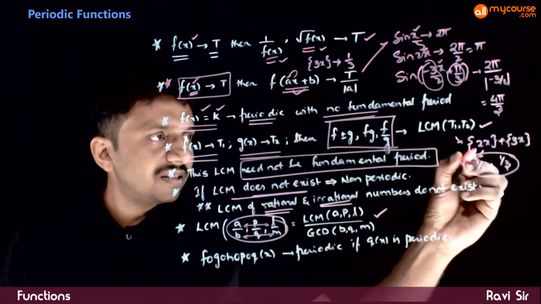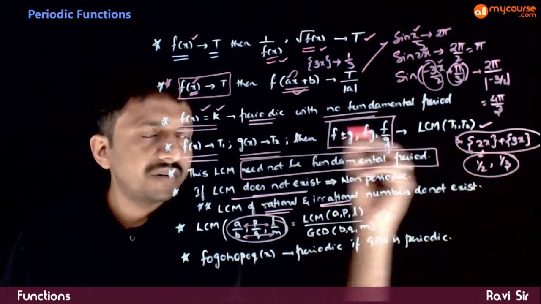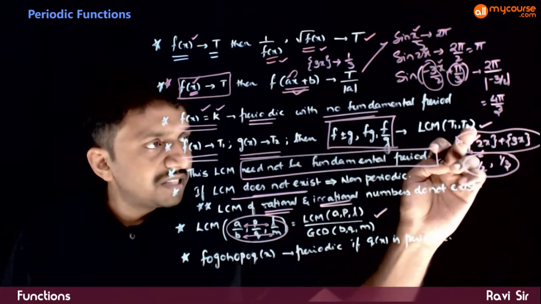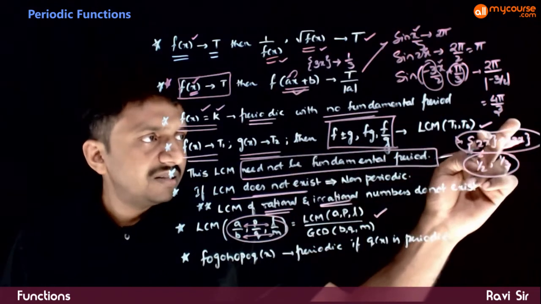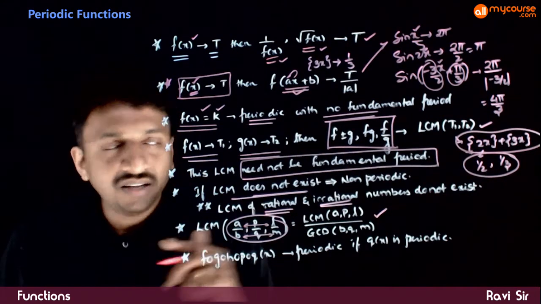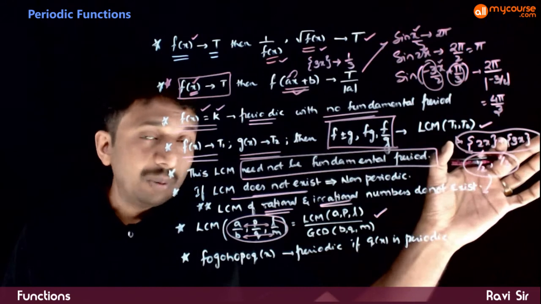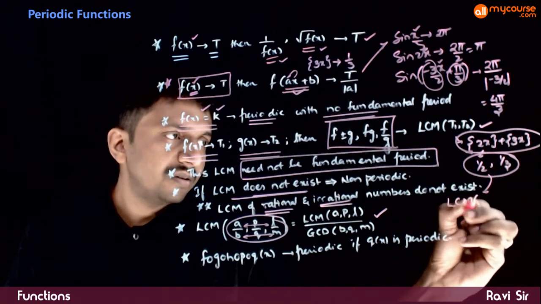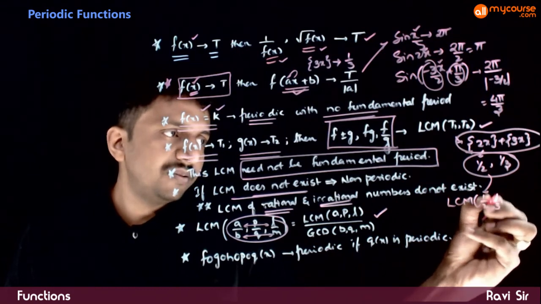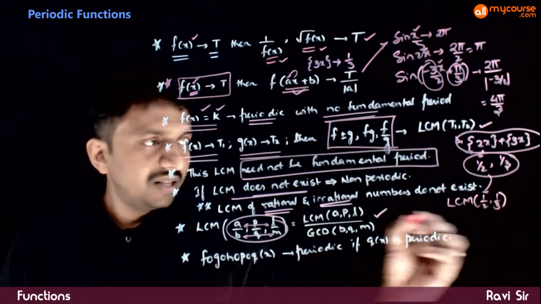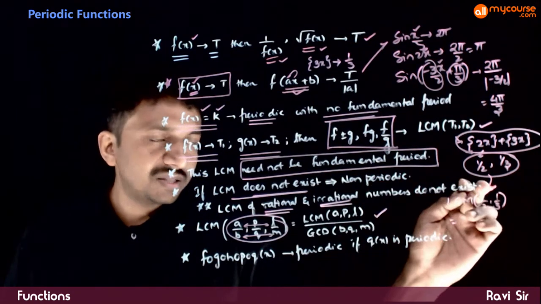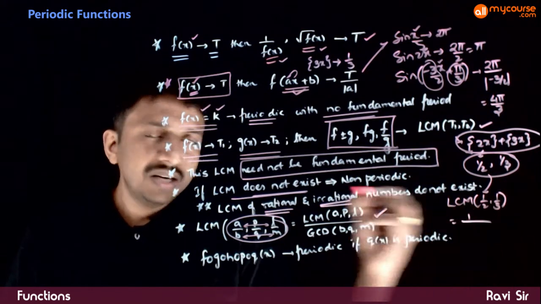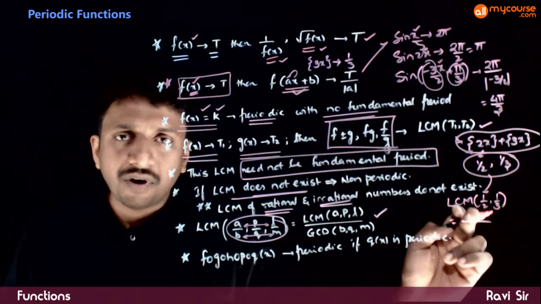So what is the period of this function? The first function has a period half, the second function has a period 1 by 3. So the period of this function is LCM of 1 by 2 and 1 by 3. That is the LCM of numerators, 1 and 1, LCM is 1, divided by HCF of denominators.